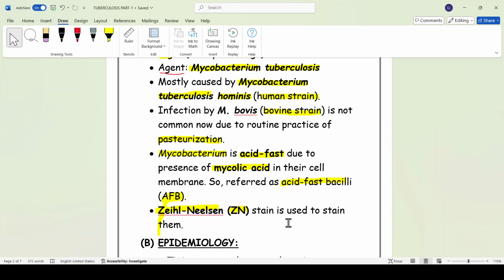The reason is that we have an acid called mycolic acid present in the cell membrane. Because of the presence of mycolic acid, Mycobacteria are acid fast. These bacteria are called acid fast bacilli, commonly called AFB. There is one stain used to stain these organisms, that is the Ziehl-Neelsen stain.